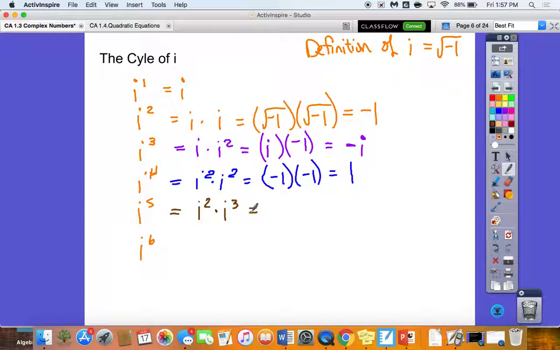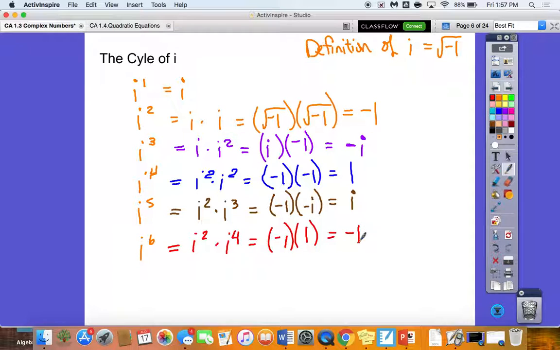So i squared happens to be -1, i cubed happens to be -i, so that's going to give me a positive i. All right, one more. So i squared is -1, i to the fourth we found out to be a +1. So if I multiply -1 times +1, it's -1.